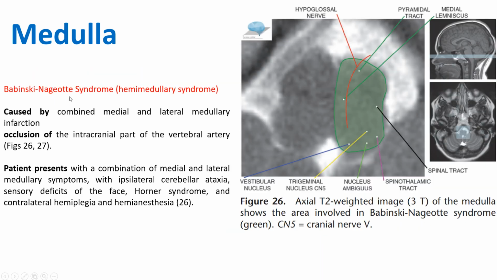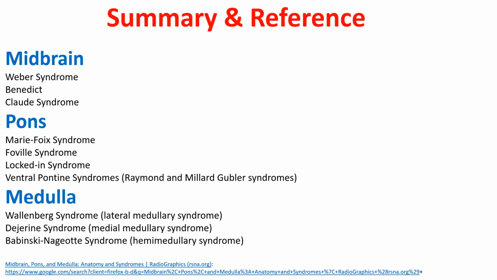The Babinski-Nageotte syndrome, or hemimedullary syndrome. This is simply a total occlusion of the intracranial part of the vertebral artery, which is a summation of the medial and lateral medullary syndromes, a combination of both manifestations. Bulbar manifestations, in addition to the hypoglossal nerve affection on the same side, and crossed hemiplegia and crossed hemianesthesia on the opposite side.